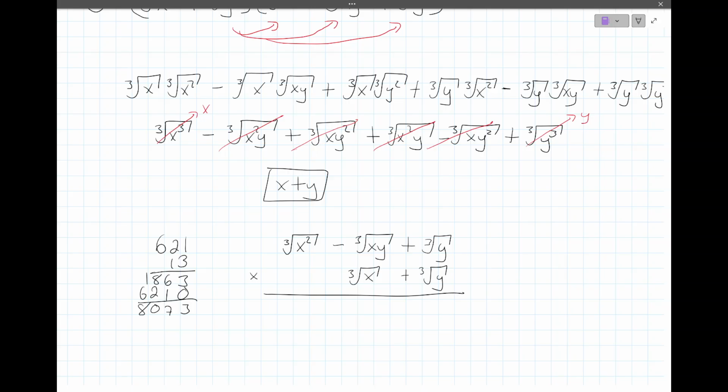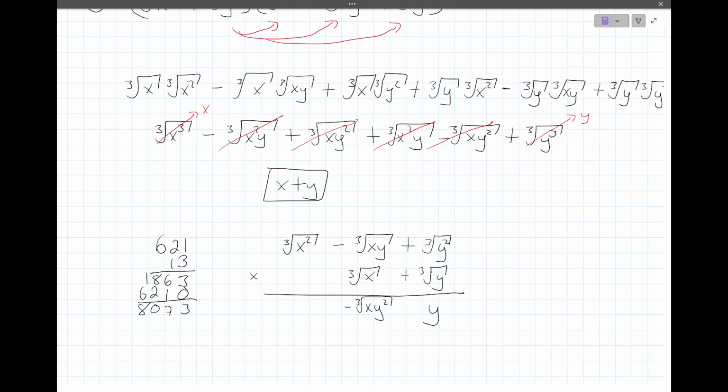And really what I'm going to do is multiply each thing with each thing. And this should be a y squared on the end. So I'm going to get, this is going to be y. This is going to be minus 3. This is going to be minus cube root xy squared.